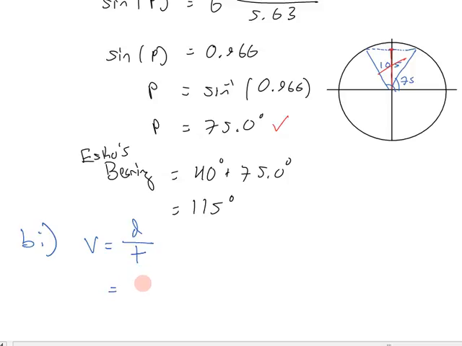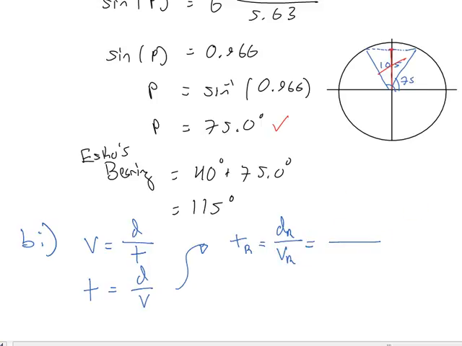And so if we want to know the time that something takes, we'll rearrange this equation by multiplying across by t and dividing across by v to get that time taken is distance divided by velocity. So, for Ritva, the time that Ritva takes to hike would be the distance that Ritva travels divided by Ritva's velocity.